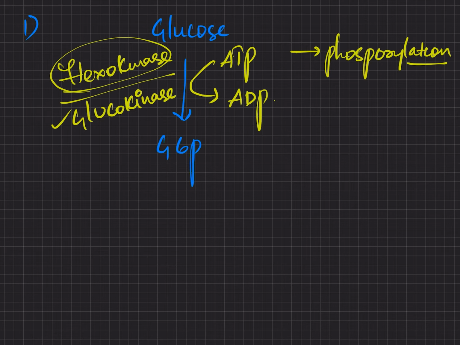Now the first step itself has utilized energy in the form of ATP, the phosphorylation step, and the enzyme catalyzing it is hexokinase or glucokinase. Now coming to the second reaction, glucose 6 phosphate is converted into fructose 6 phosphate.